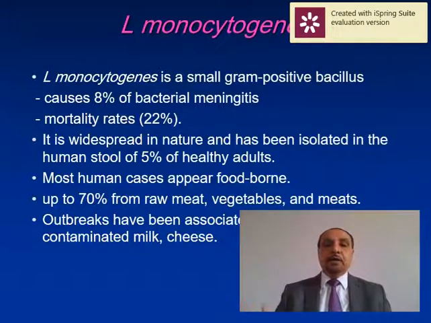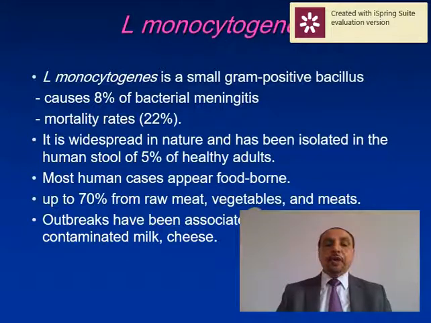That's why we have to keep it in mind, and in any suspected case of meningitis in a neonate we have to give an empiric antibiotic that covers Listeria monocytogenes, like ampicillin. Listeria monocytogenes is widespread in nature and has been isolated from the stool of 5% of healthy adults, and this is of course significant.